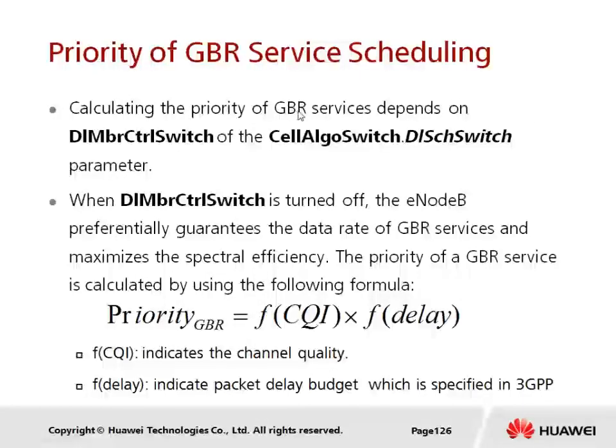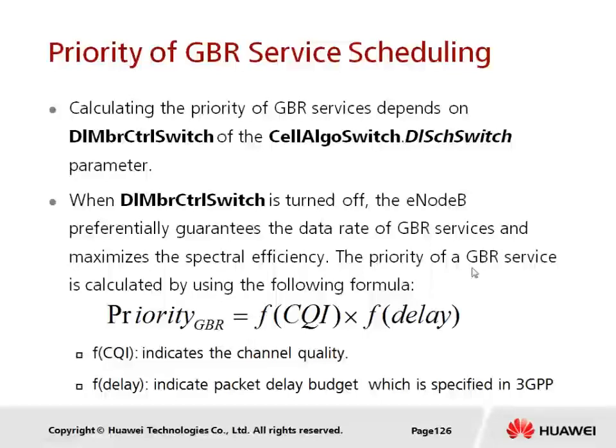So the priority of the GBR services depends on the switch. If we have turned off the downlink MBR control switch, it means the eNB always prefers to guarantee the GBR services.